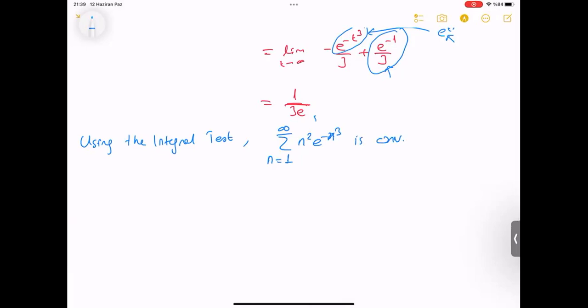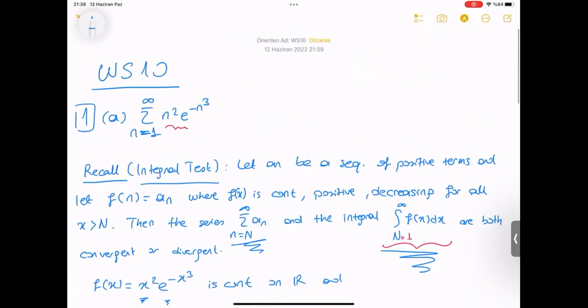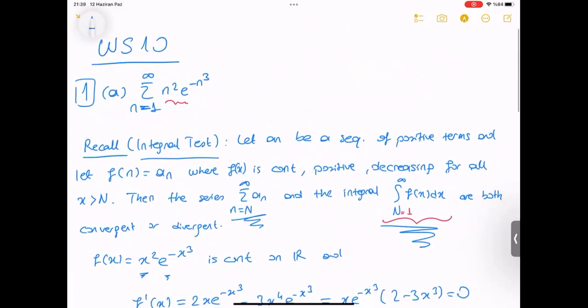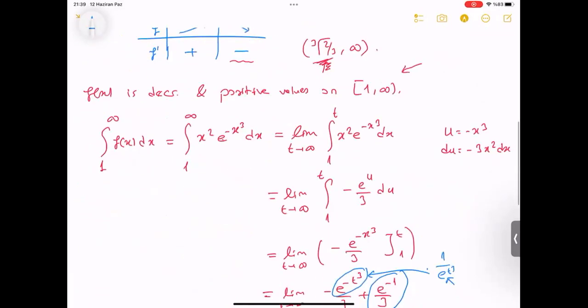When n equals 0, it's not defined, so we're done.